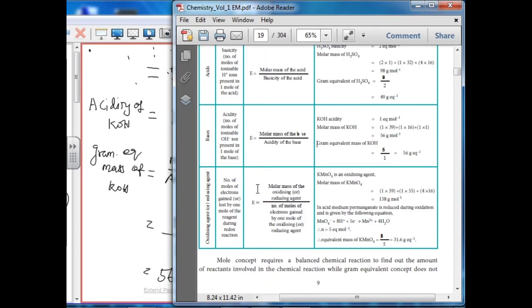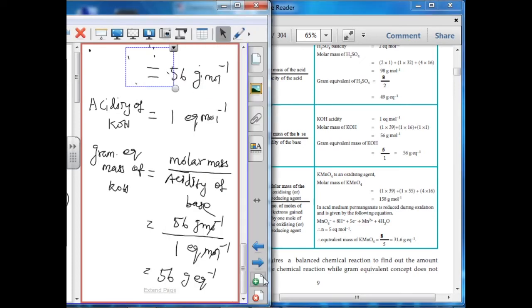The next concept is calculating the gram equivalent mass of an oxidizing agent or reducing agent. First, we have to know what an oxidizing agent is and what a reducing agent is.